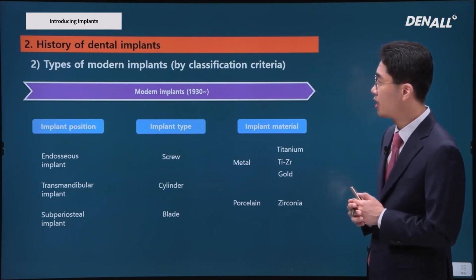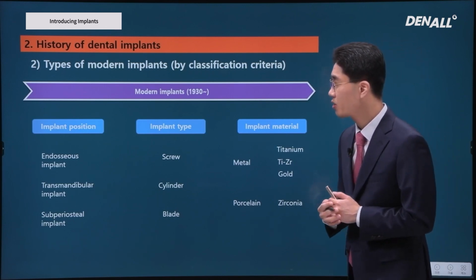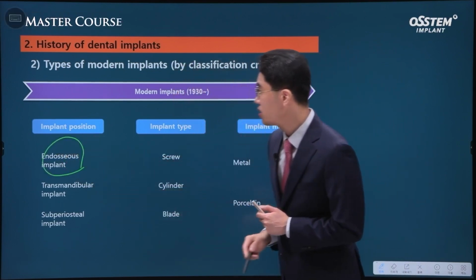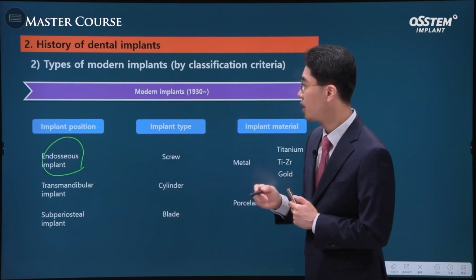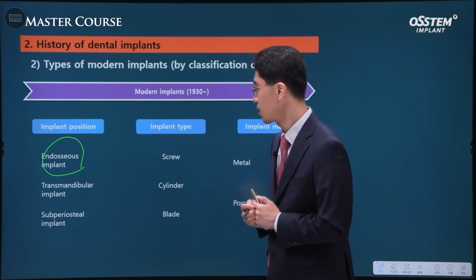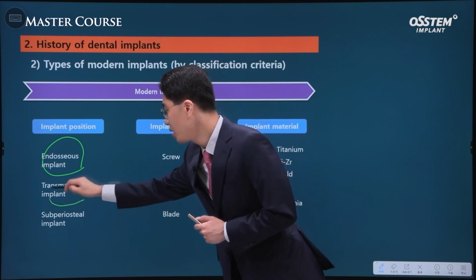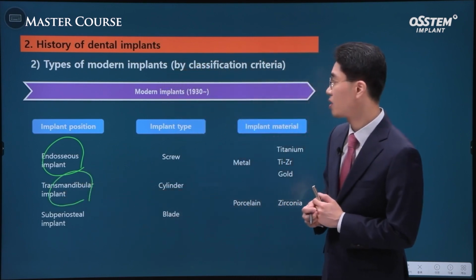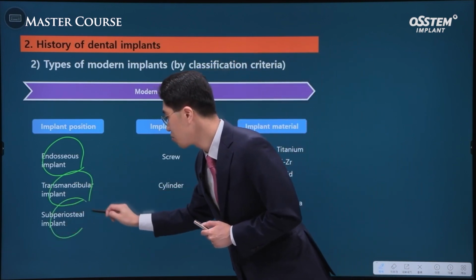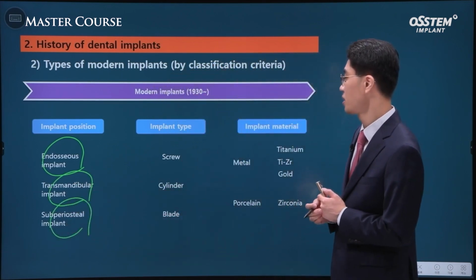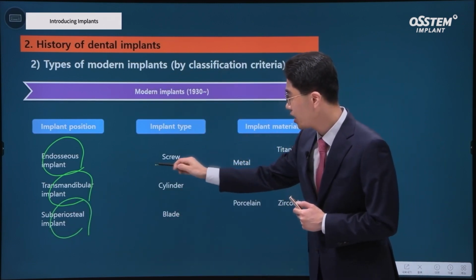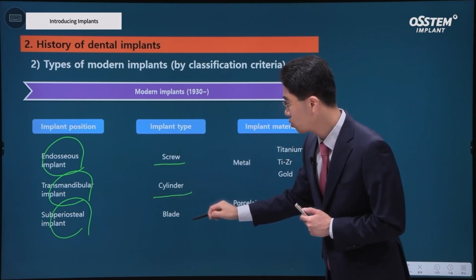Various types of implants have existed up until now, and the endosseous implant, where the implant is placed within bone, existed. And there's the transmandibular implant, and also the subperiosteal implant. If you look at the form, there's screw type, cylinder type, and bladed type.